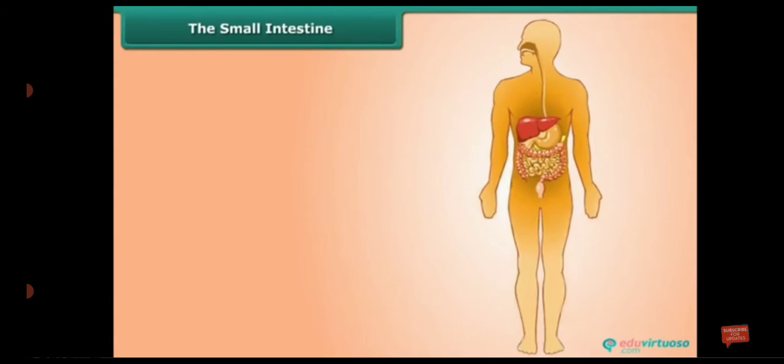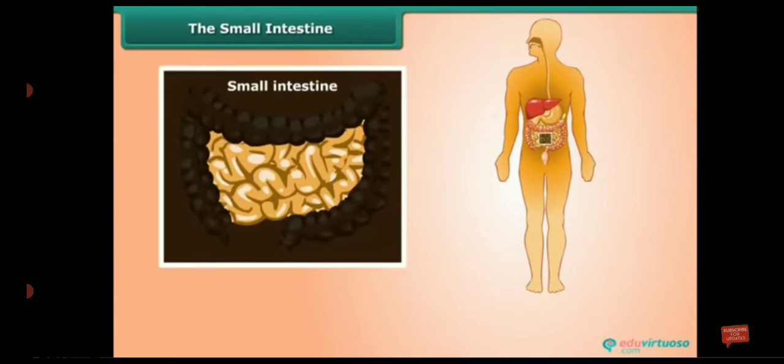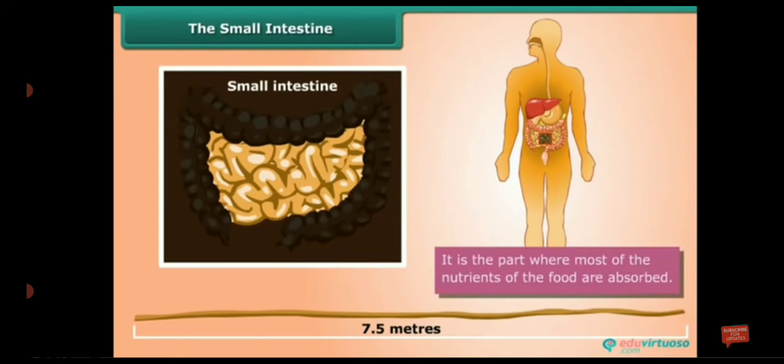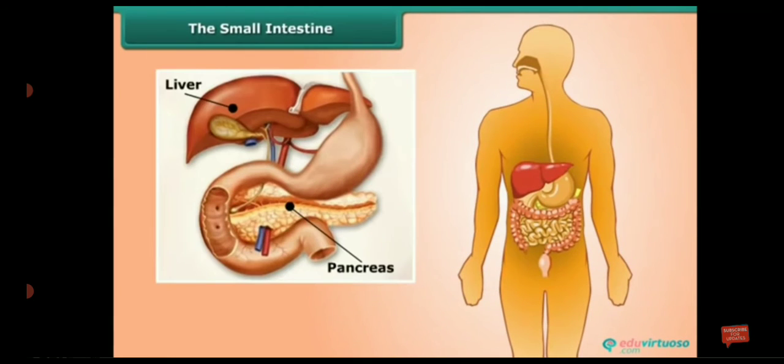The small intestine is the longest part of our digestive system. It is about 7.5 meters long and highly coiled in structure. It is the part where most of the nutrients of the food are absorbed. The liver and the pancreas also join the digestion.